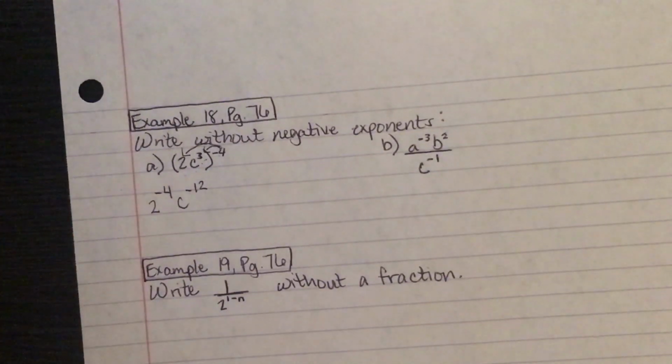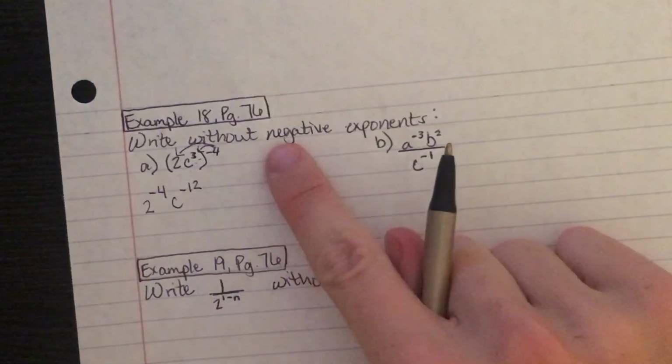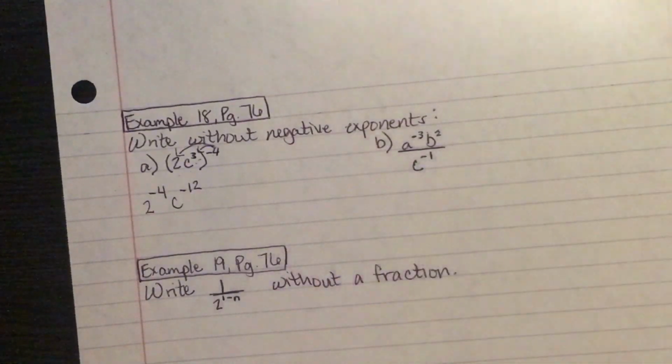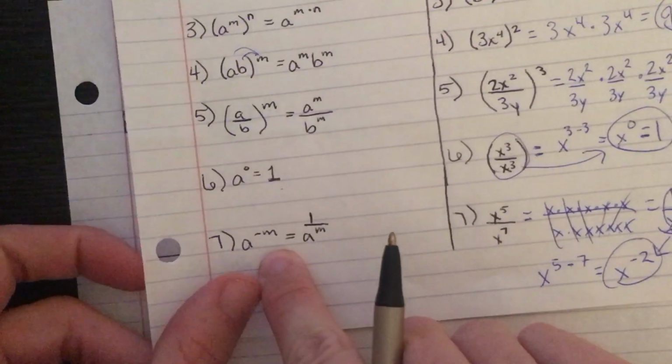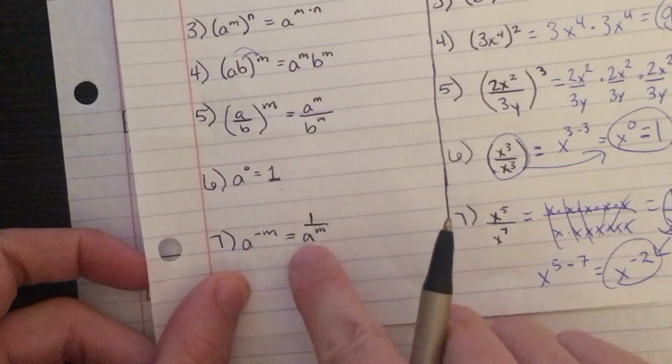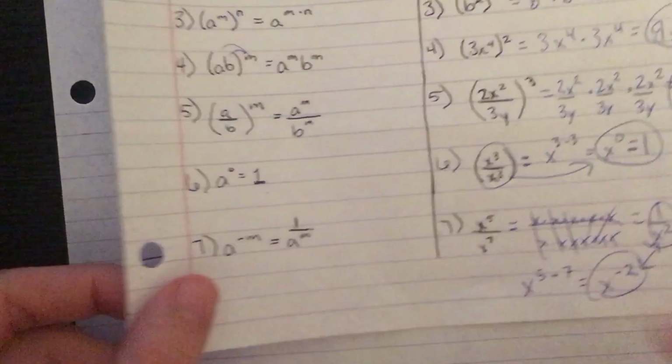And as a general rule of thumb, we like to express things without negative exponents. So as a reminder to that law, that exponent law that we went over earlier, if you've got a negative exponent, the way that you make it positive is to write it as 1 over that number.